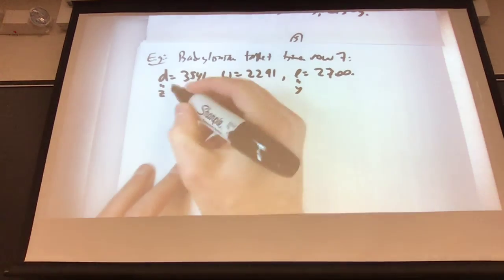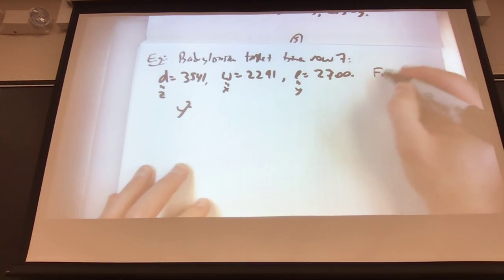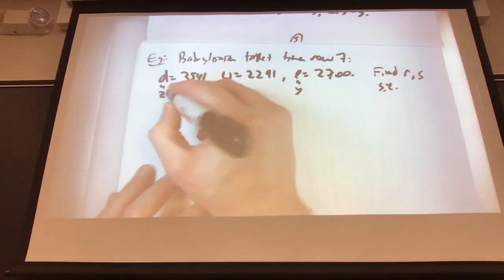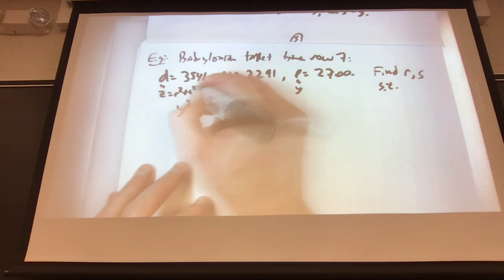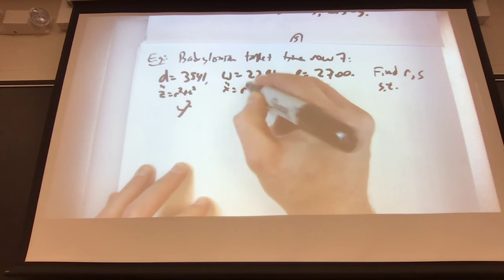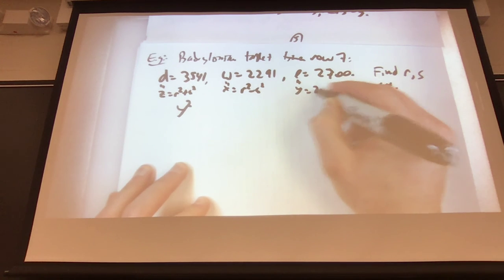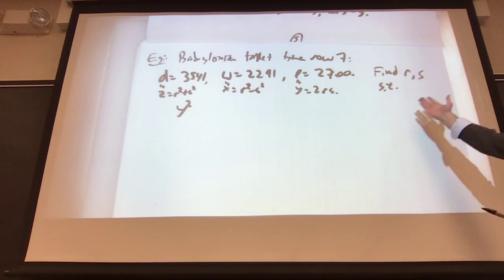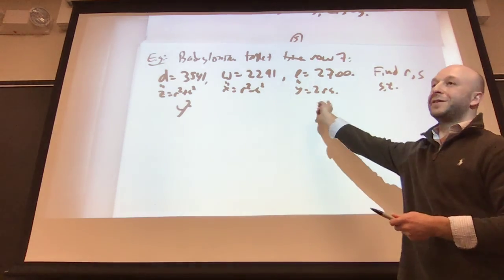Exactly. So we want to find R and S so that Z is R squared plus S squared, X is R squared minus S squared, and Y is 2RS. We're trying to find the parametrization. Which R and S did this solution come from?